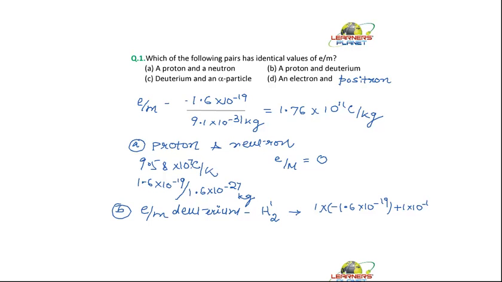Sorry students, I am not able to write here. I'll shift it a bit. So in deuterium, it is 1 into 1.6 into 10 to the power minus 19 coulombs for the proton, and for an electron it would be 1 into 1.6 into 10 to the power minus 19 coulombs, right?